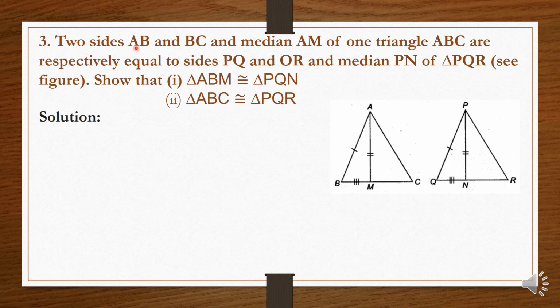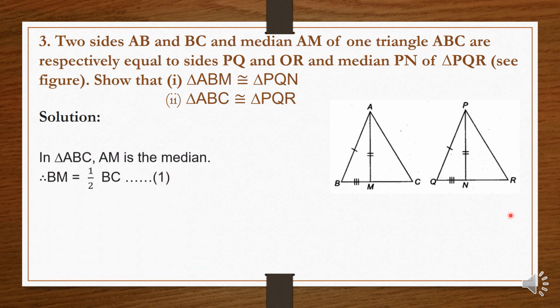Here they are saying that side AB is equal to PQ, then BC is equal to QR, and the median AM is equal in length to PN. Since AM and PN are medians, they are bisecting the bases BC and QR into two equal halves. That is, M is the midpoint of BC and N is the midpoint of QR. We will utilize this information.